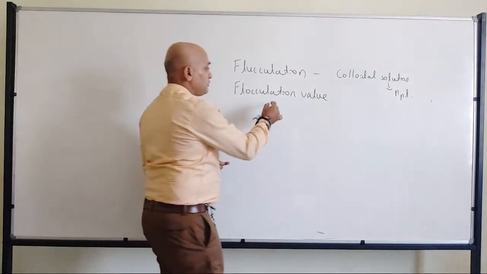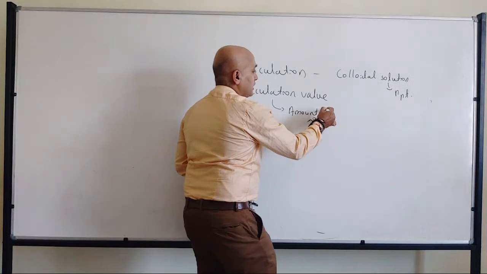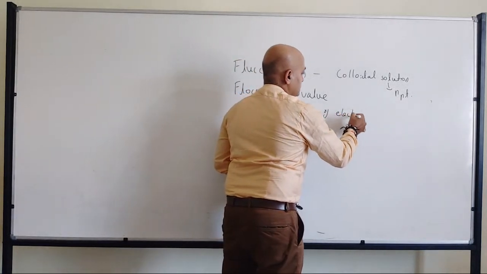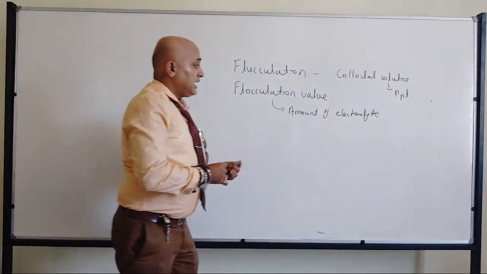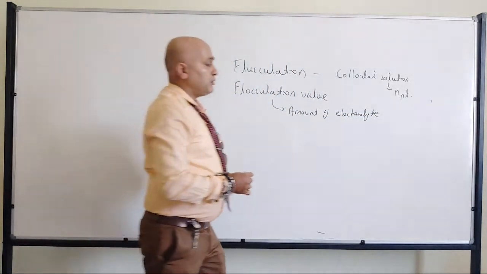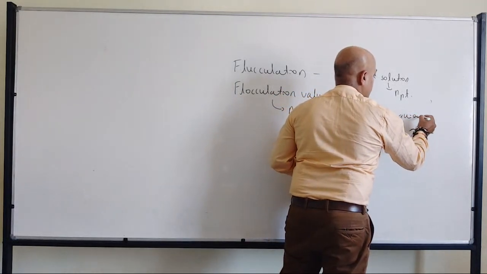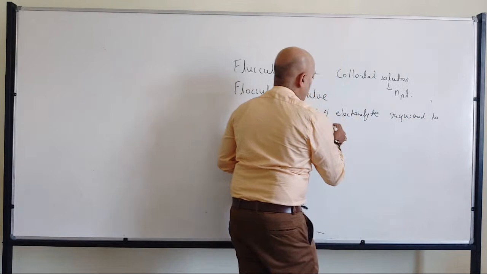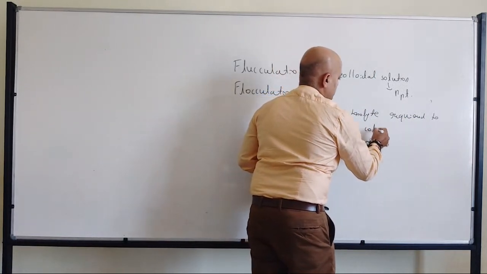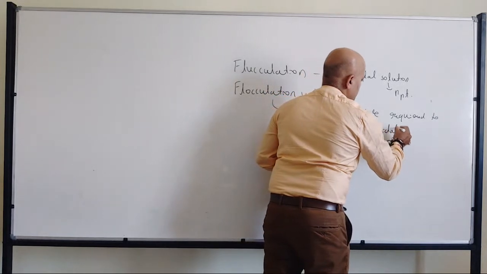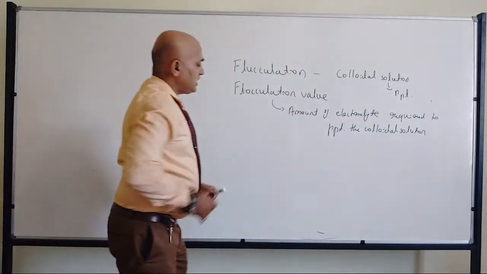Now flocculation value means the amount of electrolyte added or required to precipitate the colloids or colloidal solution. That is nothing but flocculation value.